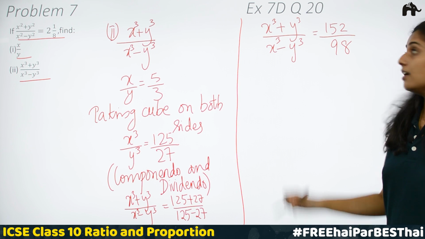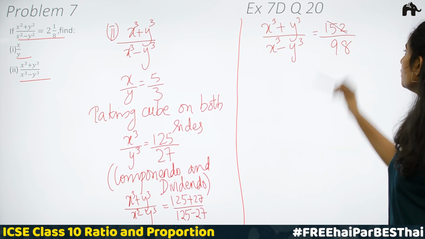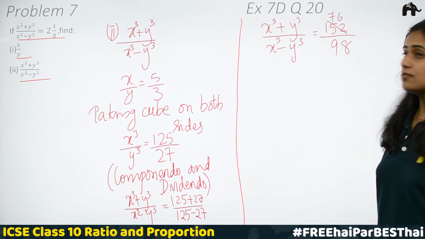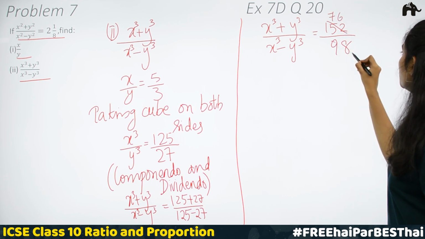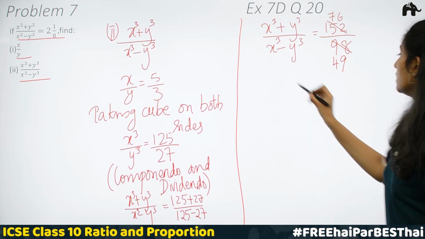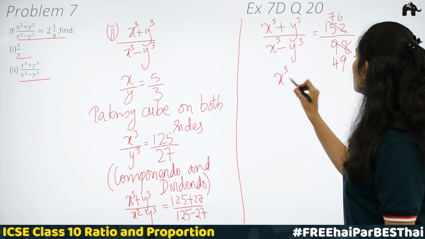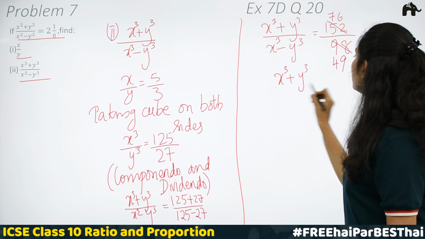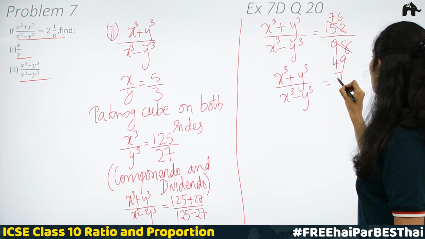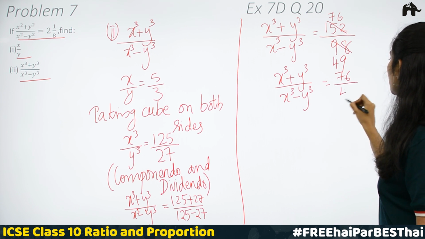Okay. 2 into 76 is 152. 2 into 49 is 98. So, x cube plus y cube divided by x cube minus y cube is equal to 76 divided by 49.